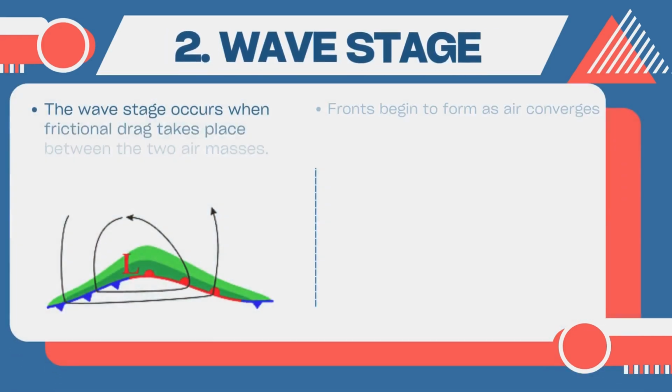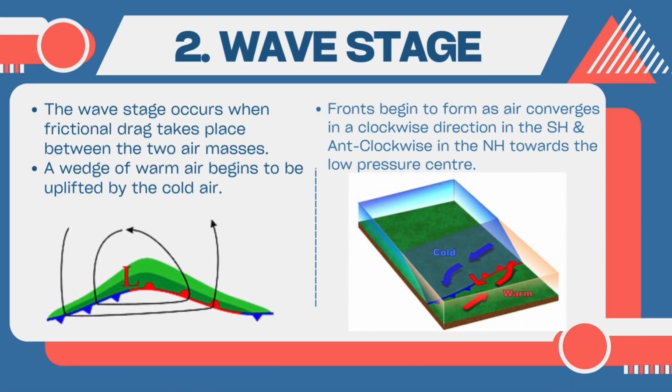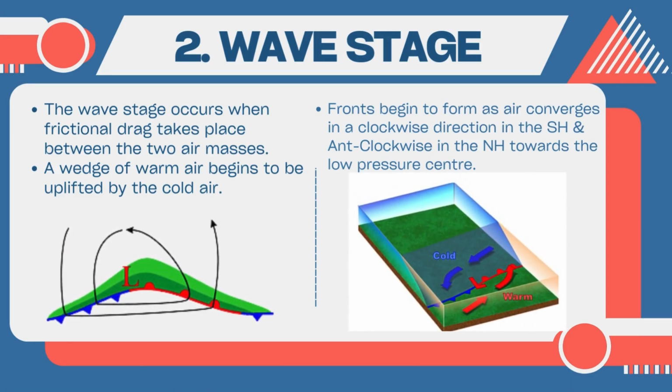After the initial stage, the cyclone develops to a wave stage. The wave stage occurs when frictional drag takes place between the two air masses. Then a wedge of warm air begins to be uplifted by the cold air.